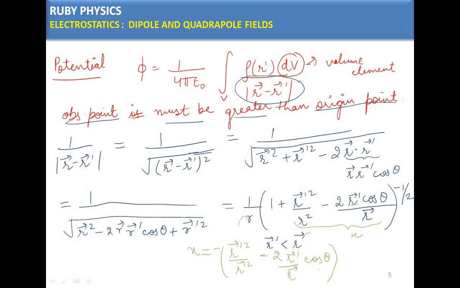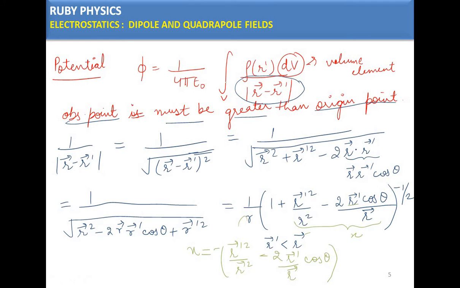You can also take out r dash by r common. So if I take r dash upon r out as common, then inside it will be r dash upon r minus 2 cos theta.